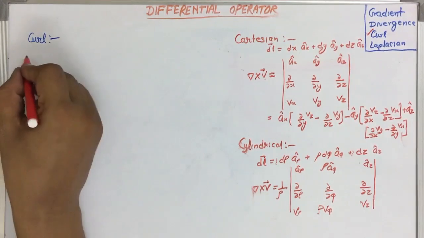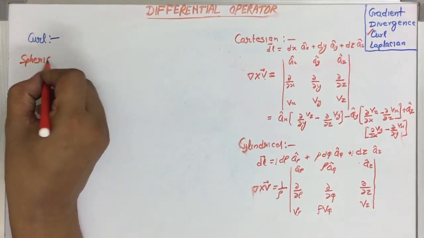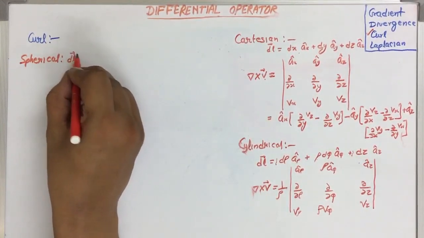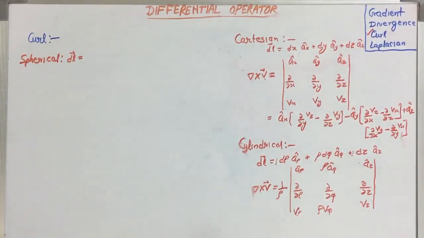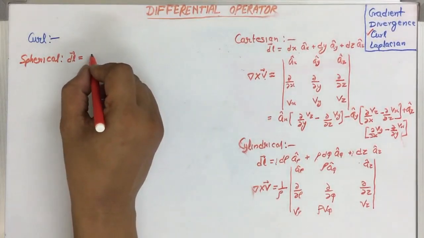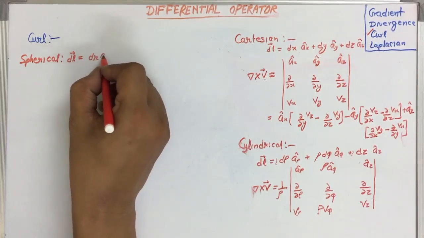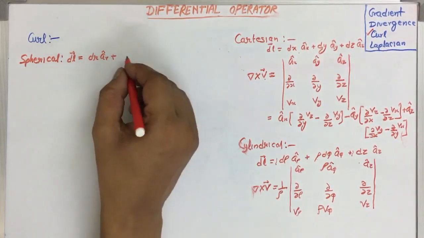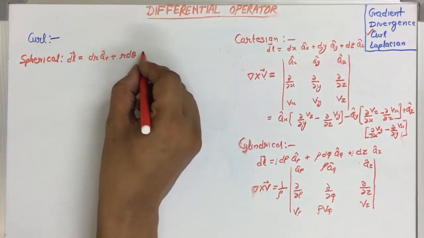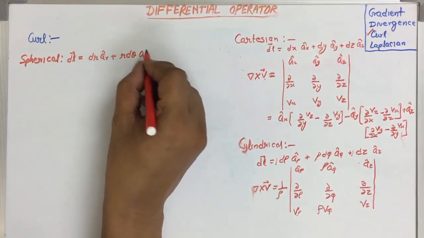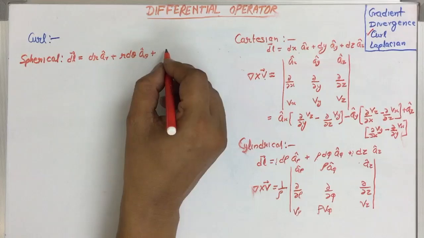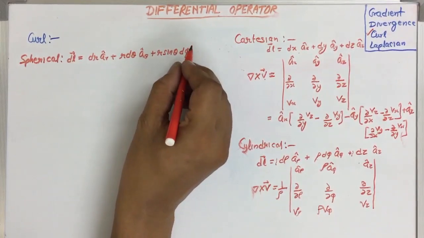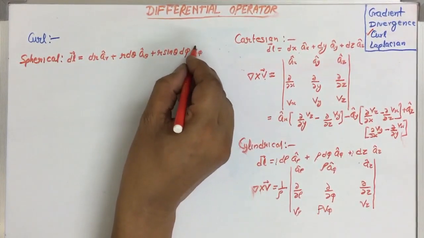Now in the spherical coordinate system, again start by writing the differential length, and hopefully you can remember this. That was dr in the direction of the radius vector, r d theta in the direction of a theta, and r sin theta d phi in the direction of unit vector a phi.